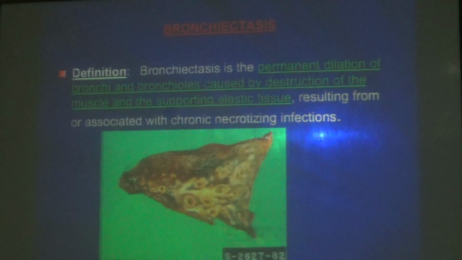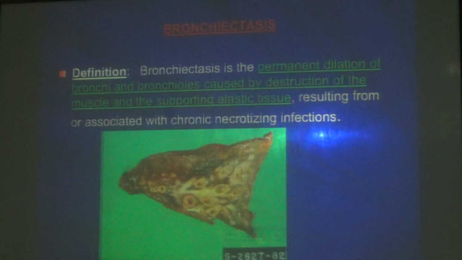Again, bronchiectasis is due to bacterial or viral infection affecting the bronchi and bronchioles, which have elastic lamina, and it affects the elastic lamina.